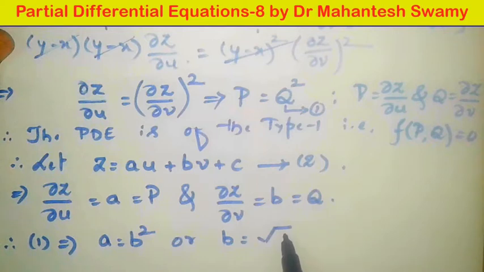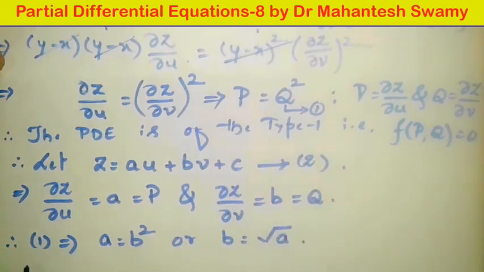Consider only plus root a for our convenience. So b is equal to root a, and let us substitute this into the solution number 2.